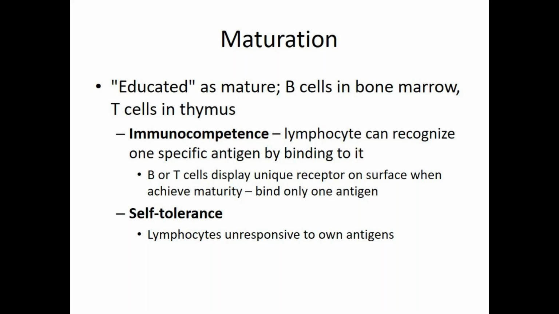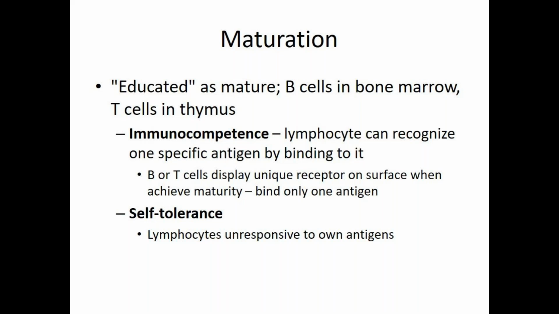It's going to be immunocompetent, which is to say it can bind to an MHC receptor protein. It can do the job that we're asking it to do. And the other half is that once bound to that MHC, it won't have a response or a reaction to a self-antigen. They are self-tolerant.